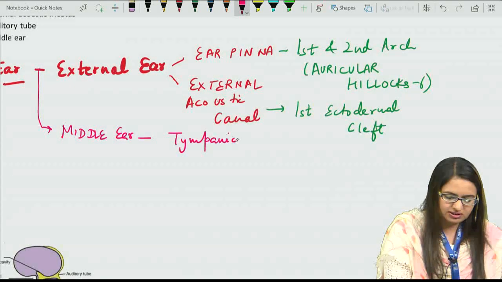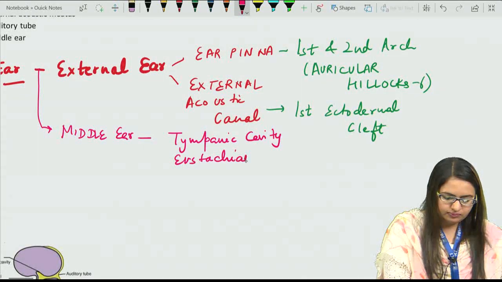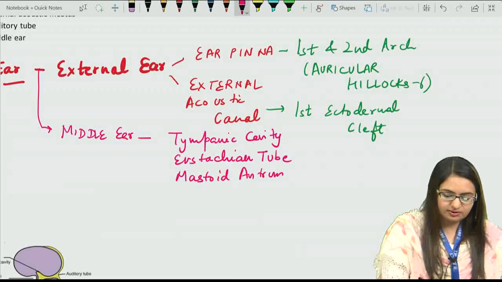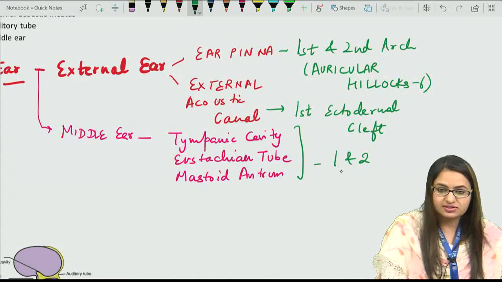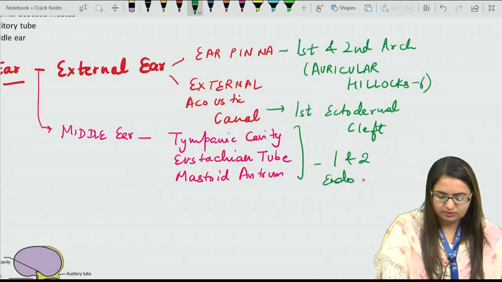So the tympanic cavity, along with the eustachian tube and the mastoid antrum, are all in continuity. These three structures are derived from the first and the second endodermal pouch.